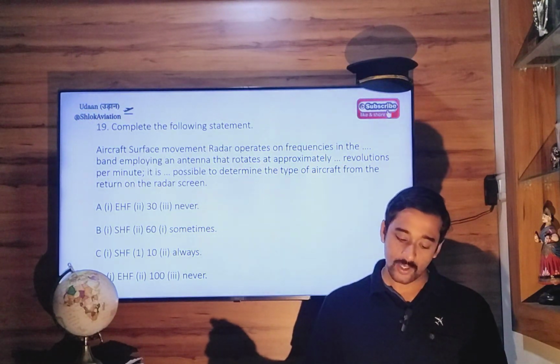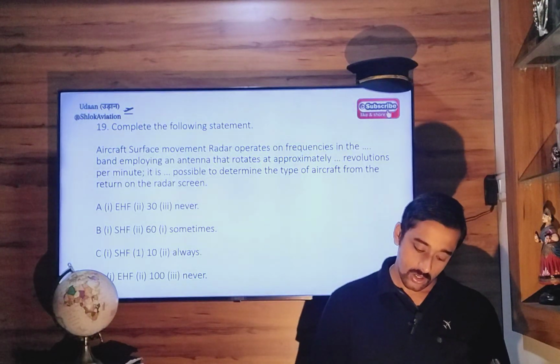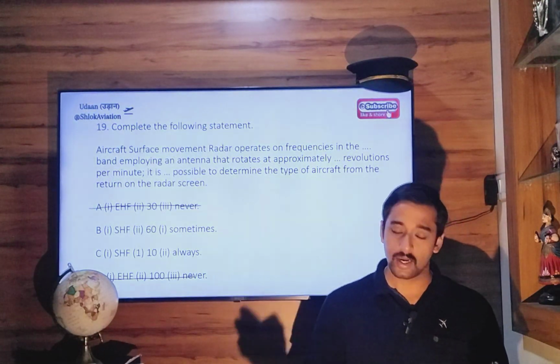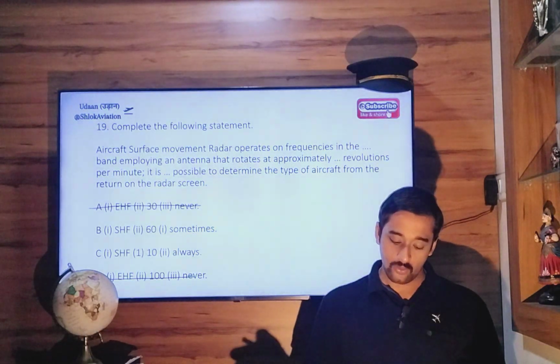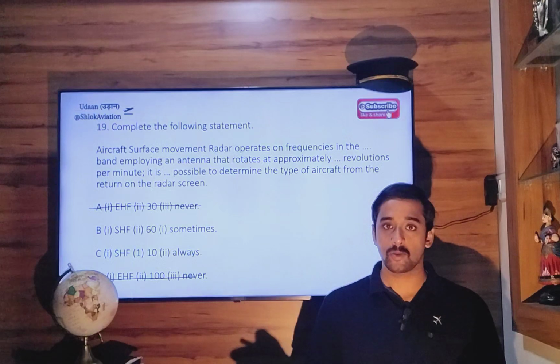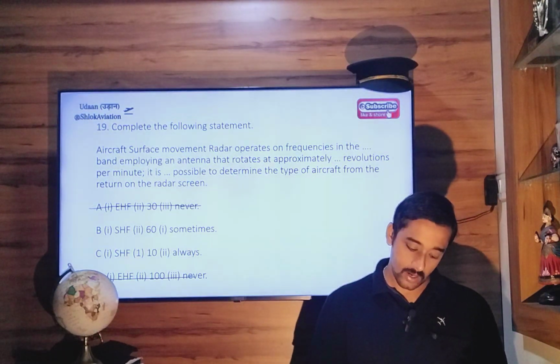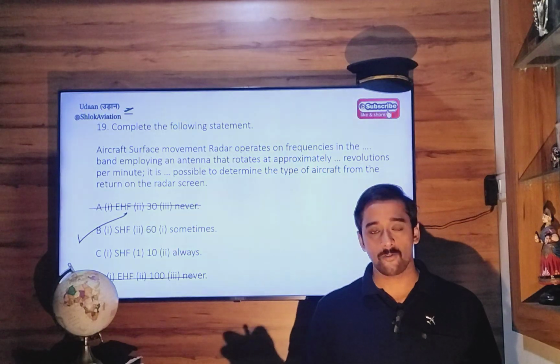Aircraft surface movement radar operates on frequencies in the band of super high frequency. So option A and option Delta are eliminated. Next, the antenna will rotate at what rate? It will rotate at a rate of 60 revolutions per minute. So option Bravo is the correct option. And sometimes it is possible to determine the type of aircraft.